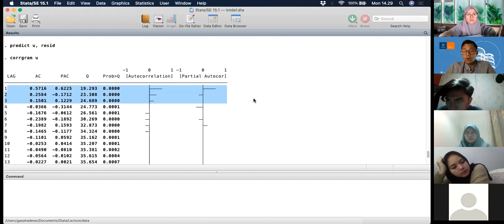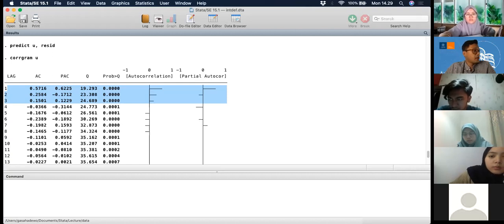Given this correlogram analysis, we can say maybe we can include lag 1, lag 2, lag 3, and lag 4. However, if we want to be more certain about the number of lags to include in the regression, then we can use Stata's ARSOC package.